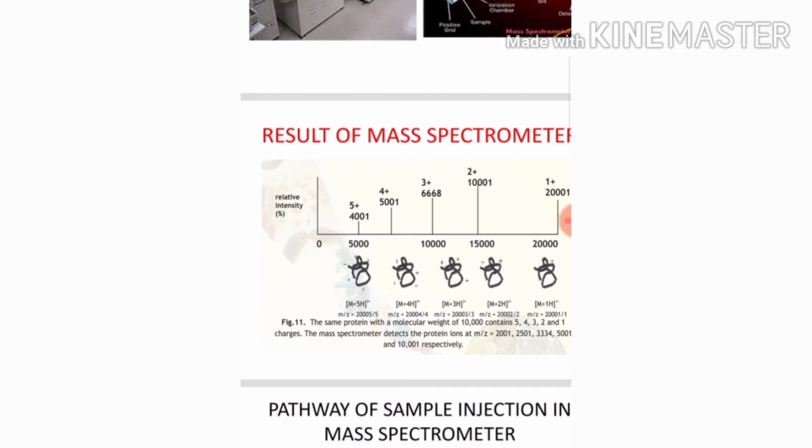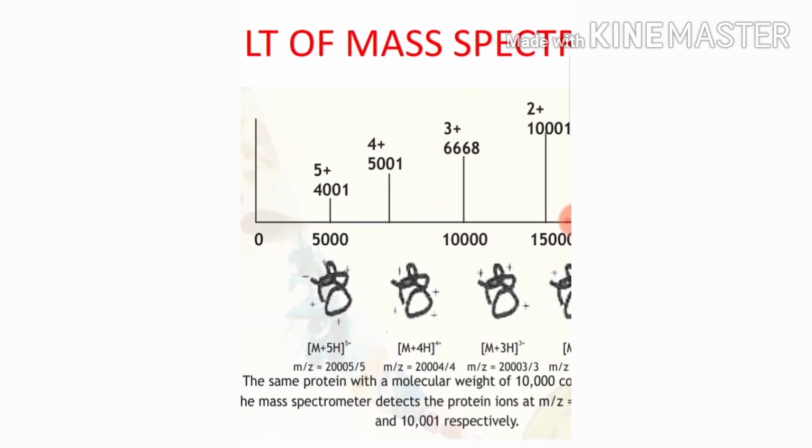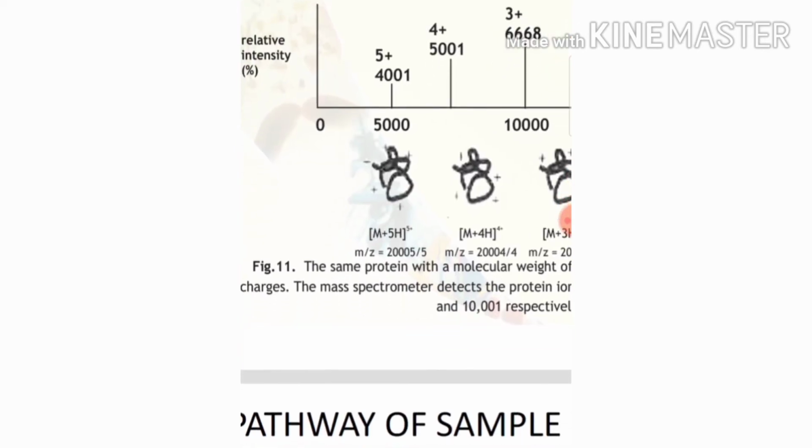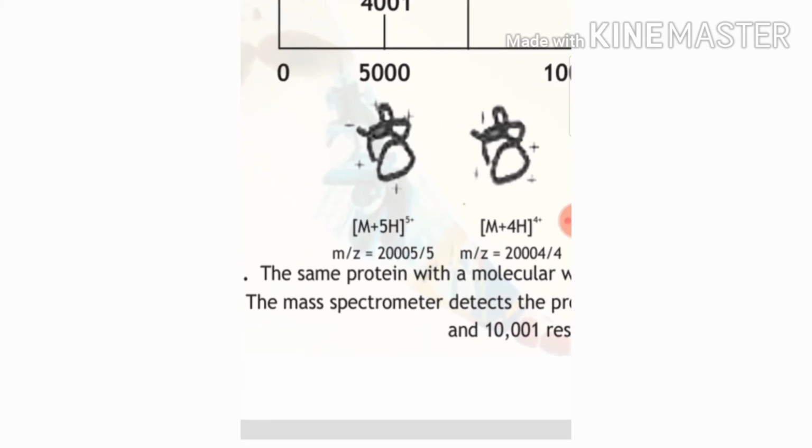There are different mass spectra, 1, 2, 3, 4, 5, and each peak has a certain mass and a certain charge. So the mass spectrometer will detect only on the basis of the mass by charge ratio, not only the mass and not only the charge.